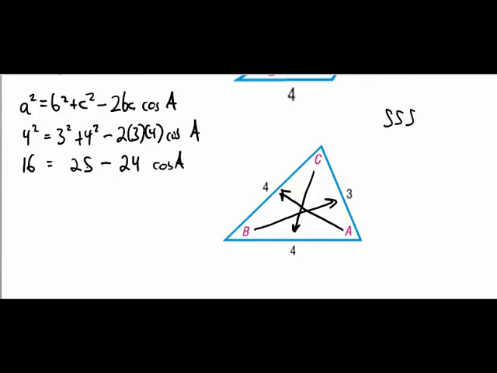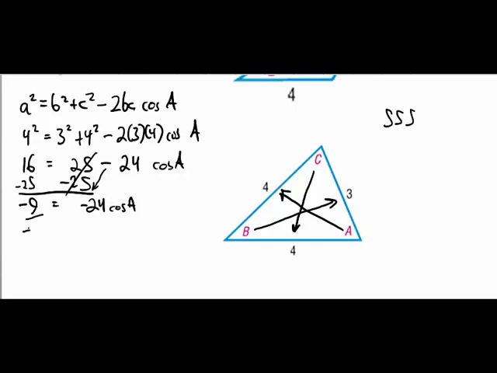And we can't say that 25 minus 24x is 1x. So we have to treat the 25 like that, subtract, that simplifies, and this will give you an answer of negative 9, and that's equal to negative 24 cosine A. Make sure that gets brought down as well. I almost forgot that just right there.